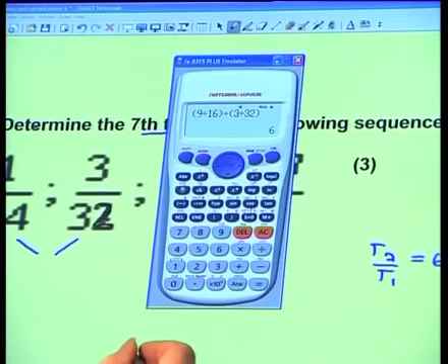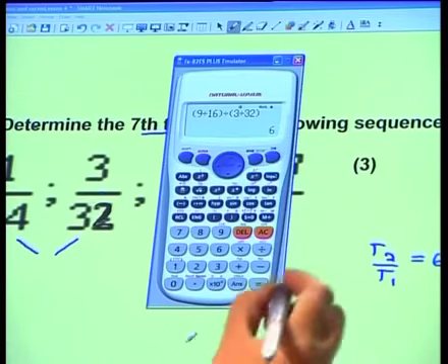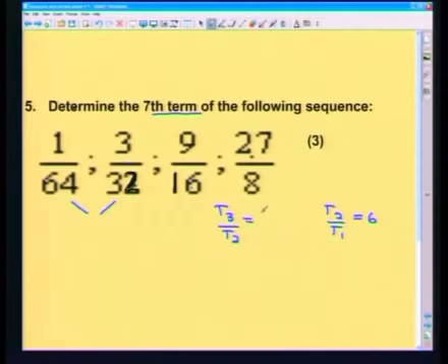And really good news, I've yet again got 6, which means that there is a constant ratio, R is equal to 6 in each case. So we are dealing with a geometric sequence.